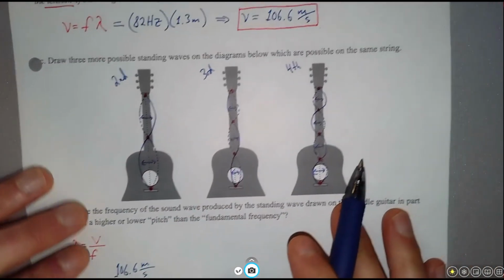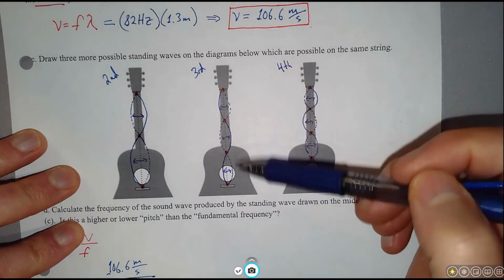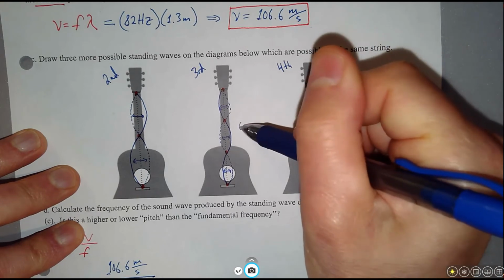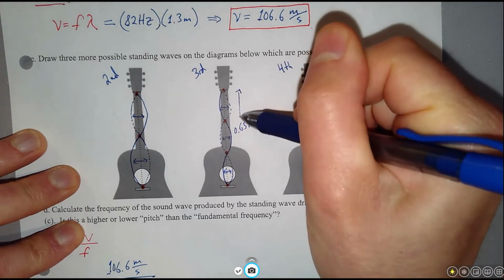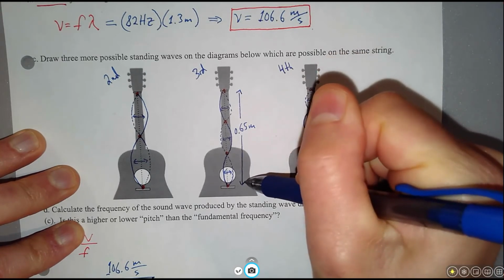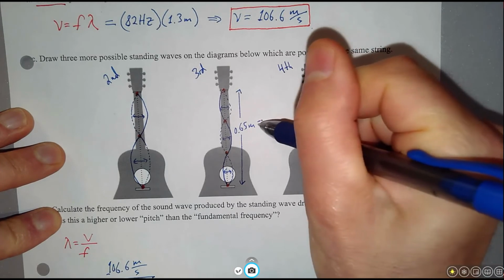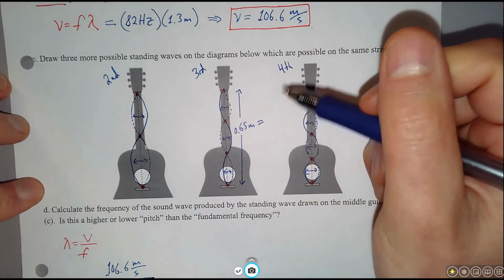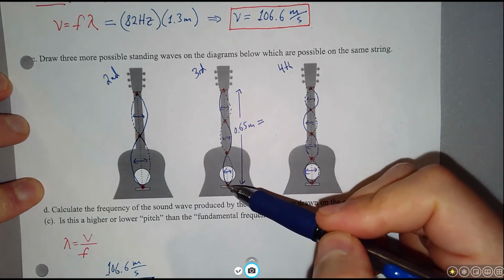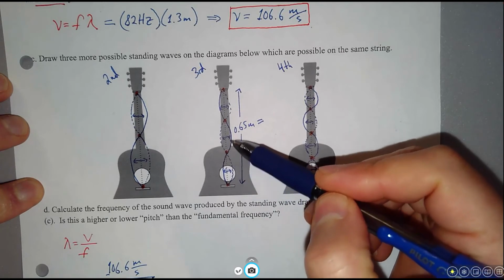Well, let's look at the diagram above here. This string length is 0.65 meters, which is what the problem statement said before. So from here all the way down to there is 0.65 meters. And how many whole or partial wavelengths fit in that length? If we start down here and trace out one wavelength, we have to go to the left, to the right, and back.